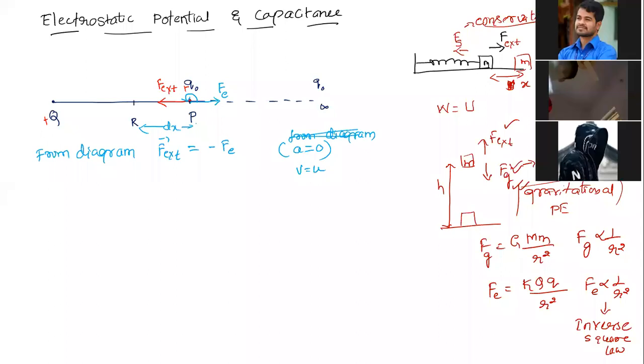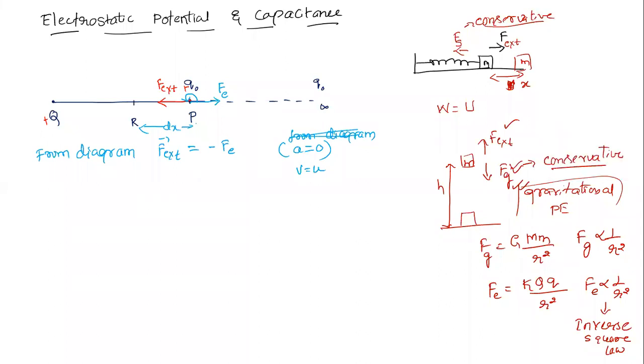To R we need to do more work. Since we do more work, the potential energy at R will be more as compared to P. Yes or no, Rahul Gowda?